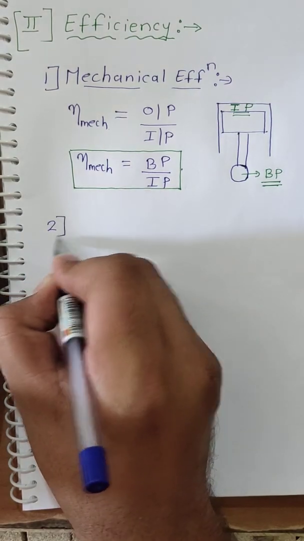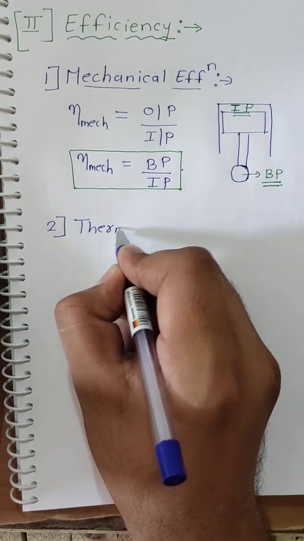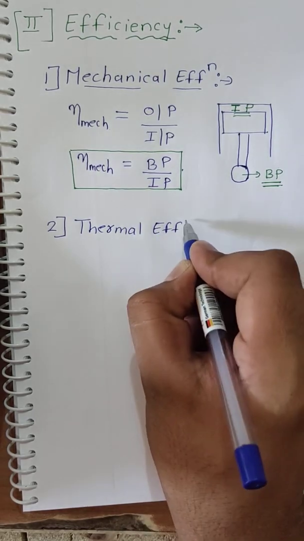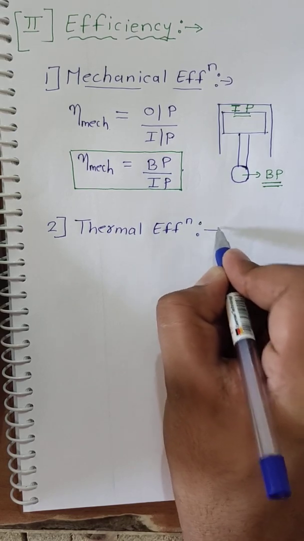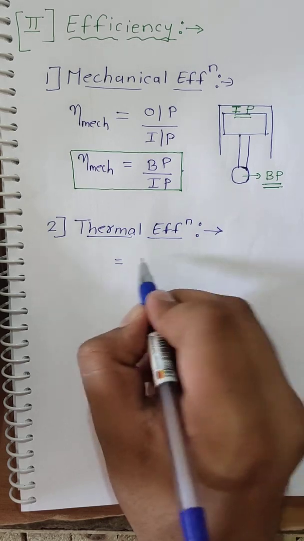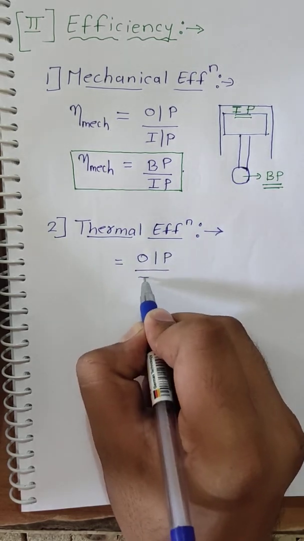The next and important efficiency is thermal efficiency. Again, the basic definition of efficiency is output upon input.